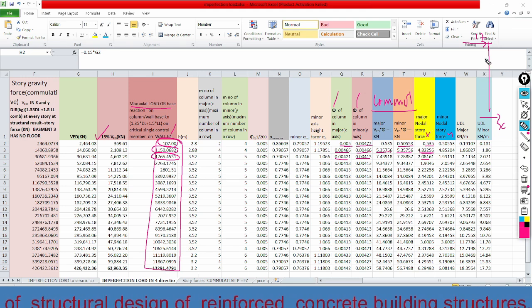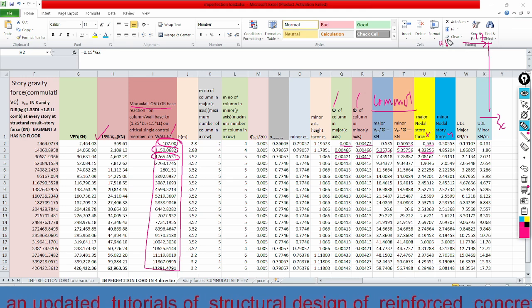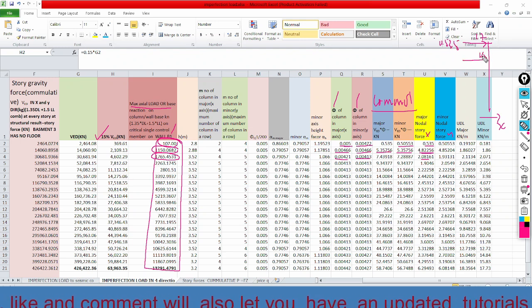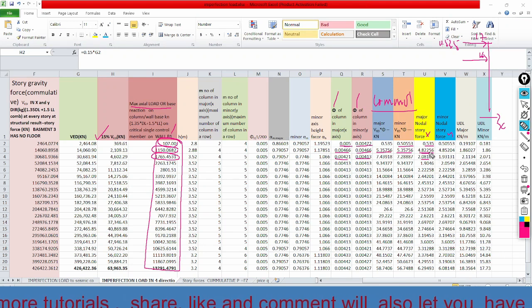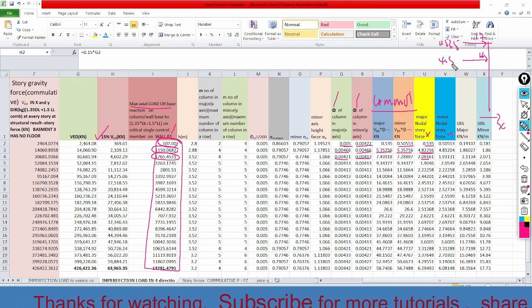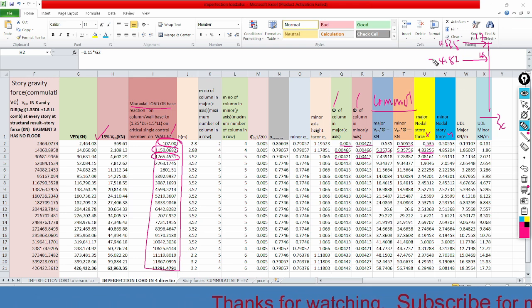It is 0.535 kilonewton. And at the 16th story, how much is it? It is 4.82. How does it come?